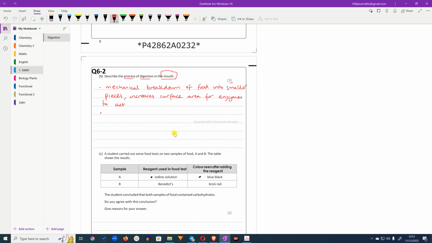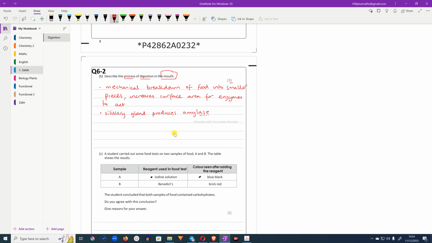Right, so the saliva or salivary gland produces amylase.